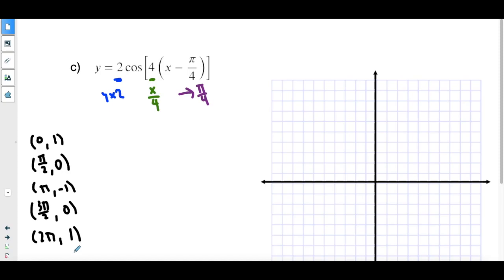And now all we need to do is apply these transformations to get our new points. Let's start by dividing our x values by 4.